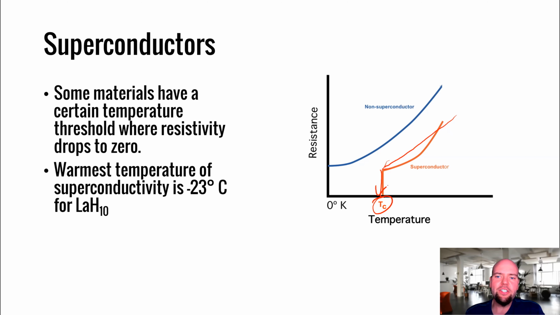But the downside of superconductors is that this critical temperature is typically very cold. I think I saw a news story about this last year. The closest we've gotten to a superconductor at room temperature, which is sort of the holy grail, is minus 23 C, and that's with a highly pressurized material.